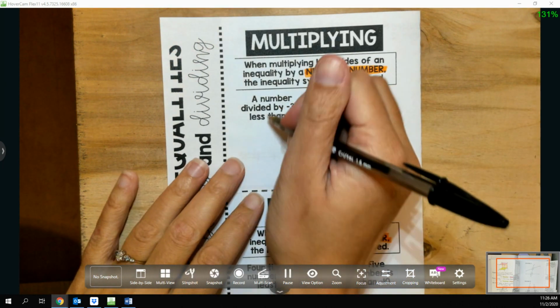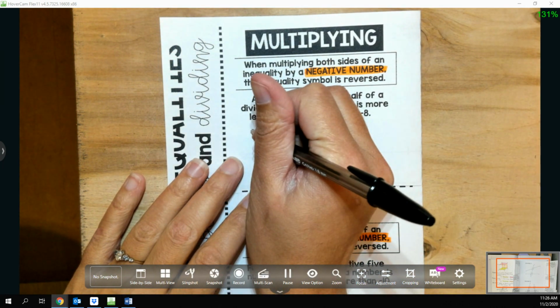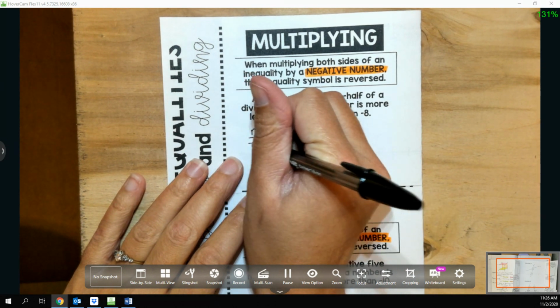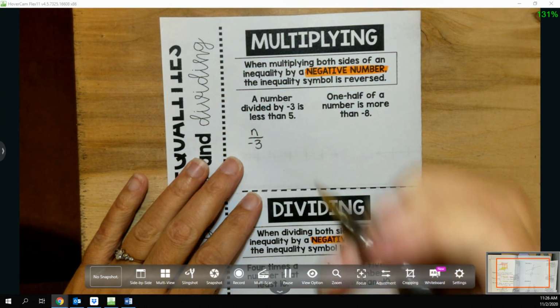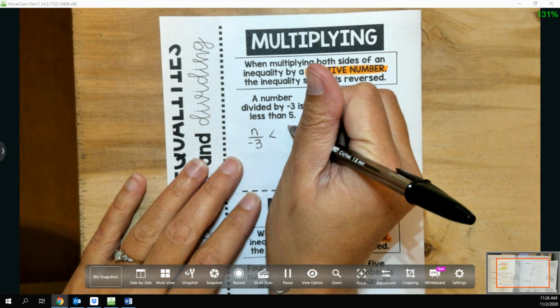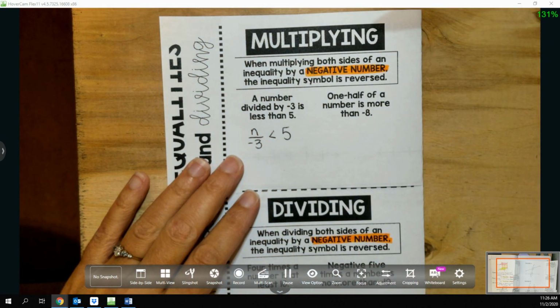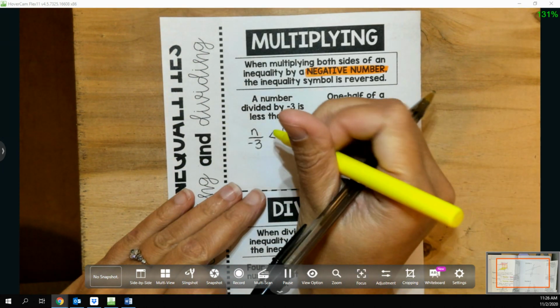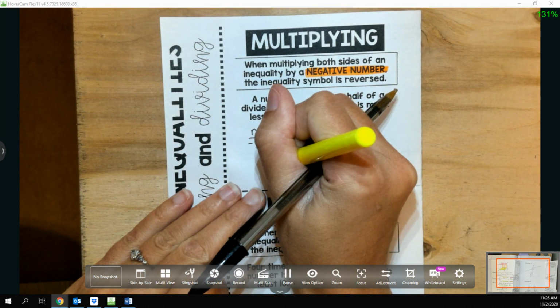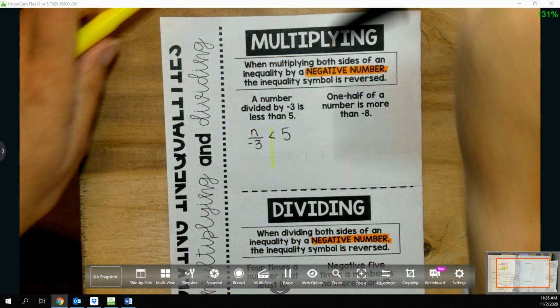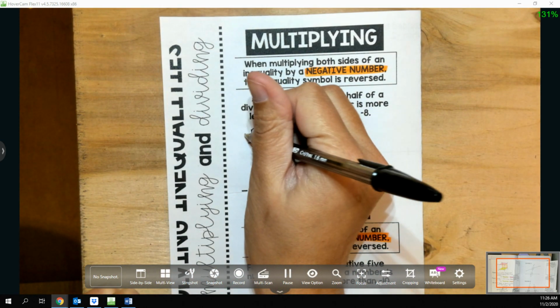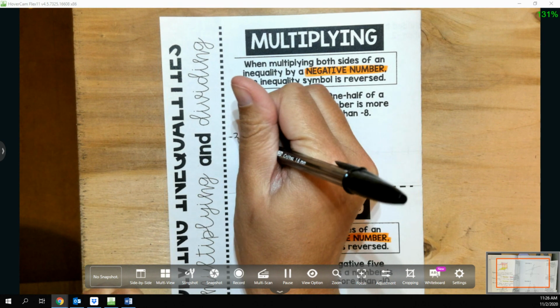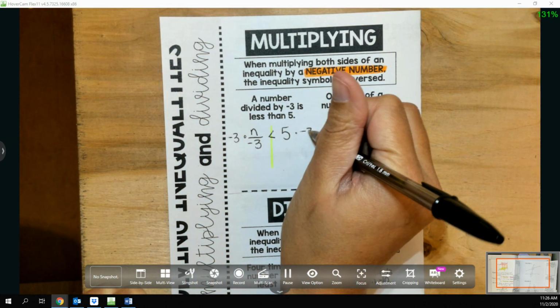So for example, a number n divided by -3 is less than 5. And then I draw in my sides, and when I go to solve for n, I need to multiply the -3 away, and if I do it on one side, I have to do it on the other.